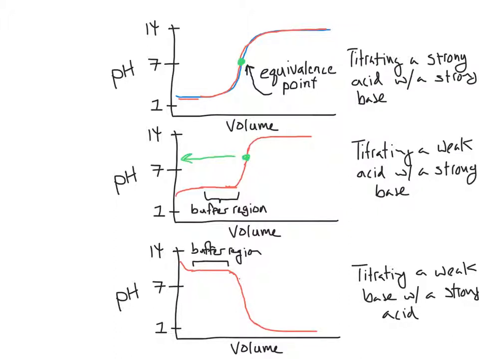Here, at the equivalence point, when we have equal amounts of acid and base present, the final solution is slightly acidic because we are titrating a weak base with a strong acid. So the salt solution of those two ends up being slightly acidic.